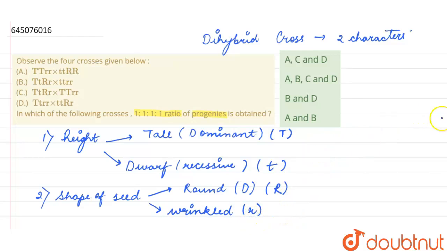Now they have told us that we want a 1:1:1:1 ratio in the progenies. When will we have this ratio?